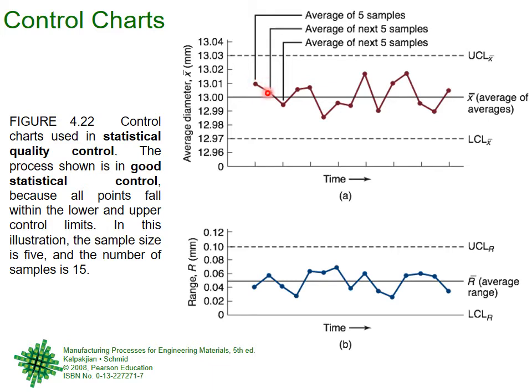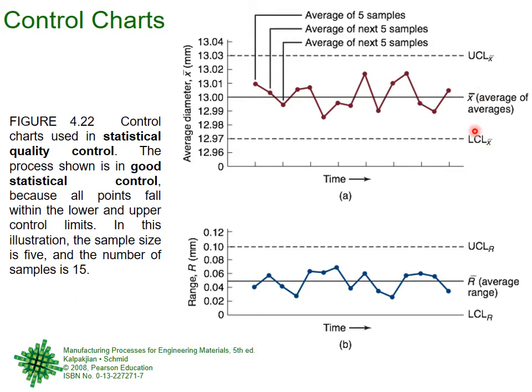Next 5 pieces, take the average, it comes out to be this. So this is not the value of one, this is the value of the average from one sample. So if they are taking 5, 5, 5, then every half an hour, every 1 hour, they are checking 5 pieces.